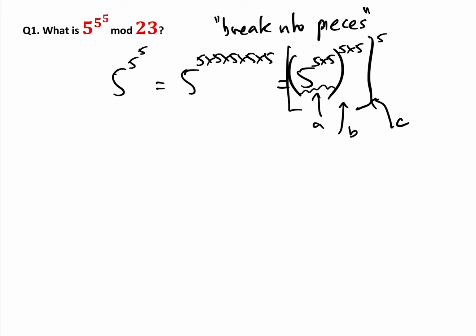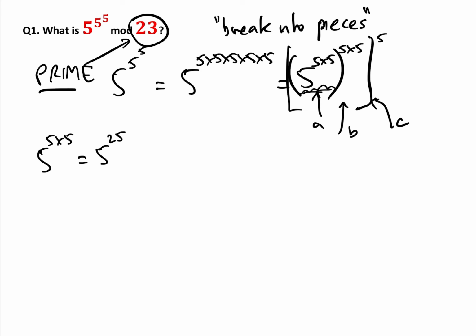Okay, so first of all, let's look at this bit, 5 to the power of 5 times 5, which is equal to 5 to the power of 25. We're going to use Fermat's little theorem here, because 23 is a prime number, and whenever you've got to do something modulo prime, you should always be looking at Fermat's little theorem.